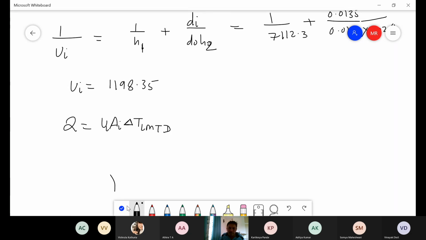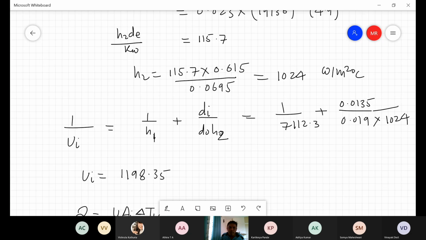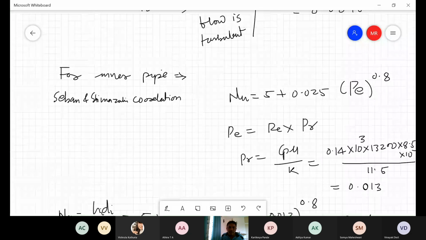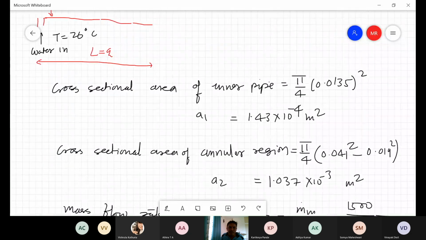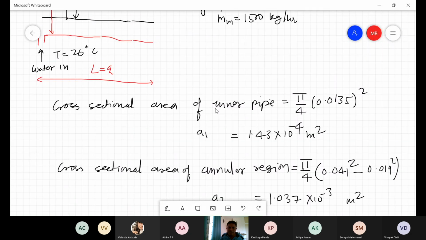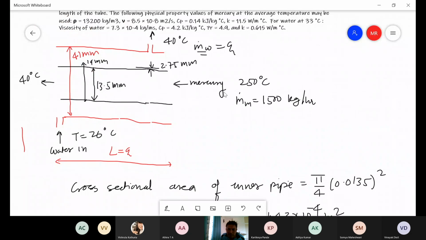Because if we go back up here, the temperature difference at one end and the temperature difference at another end is not same. So here at this end, what is the temperature difference? 250 minus 40. At this end, 40 minus 26. So this temperature difference is varying across the length. And in such cases, we have to use the log mean temperature difference.